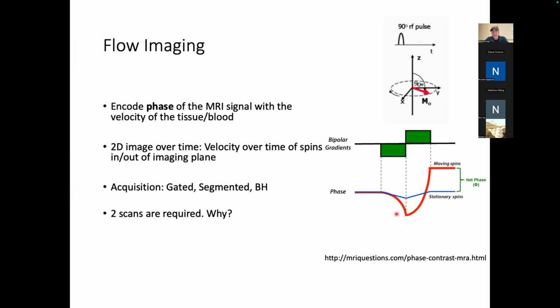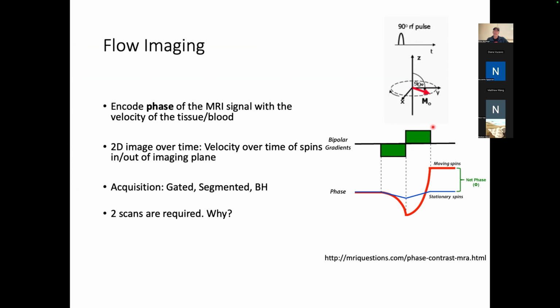This moving spin actually comes back to a position that has a net phase shift from where it started. And that's because it's moving, right? And it turns out this net phase shift is linearly proportional to the velocity of the magnetization vector, if the gradient amplitude and timing are held constant, and it's a bipolar gradient.